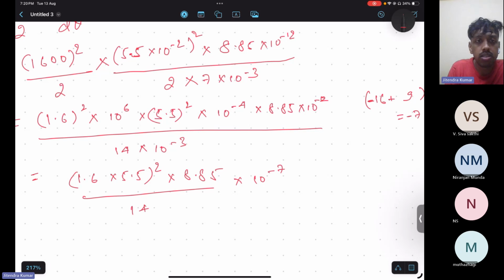1.6 into 5.5 square into 8.85 divided by 14. That gives about 4.895.